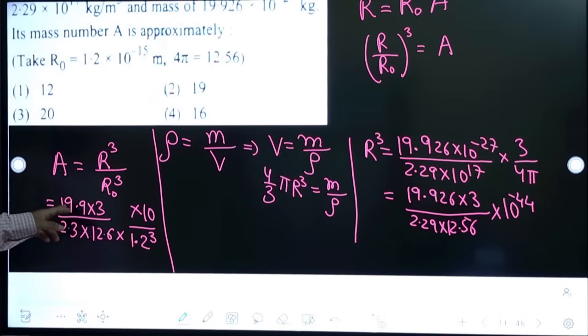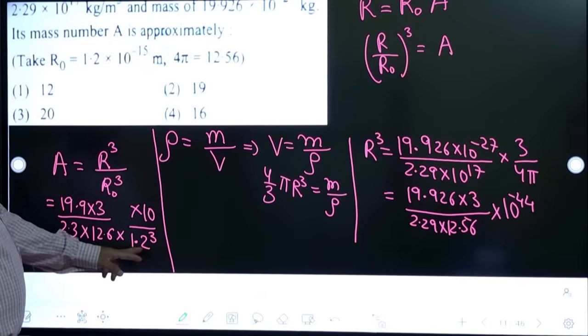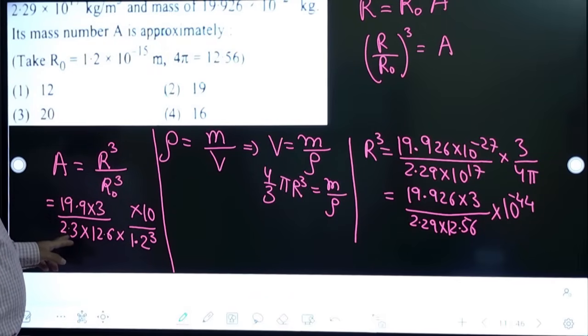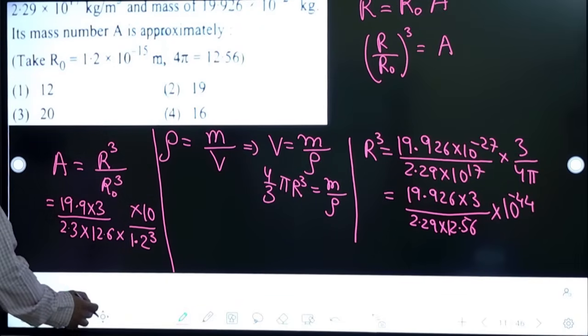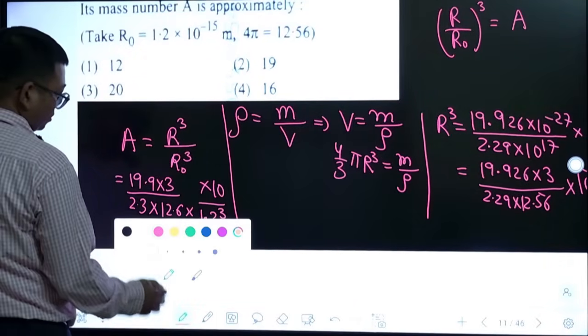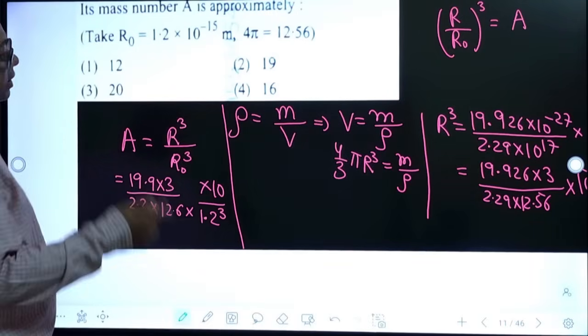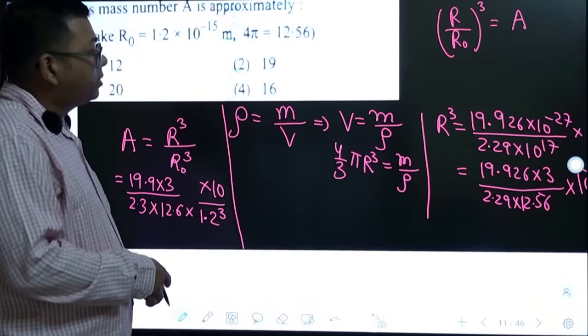Suppose if you take 20 into 3, that factor is coming, and this is 12.6, this is 1.2, this is 2.3. These all numbers look totally different, right? How do you approximate it? Or can exact cancellation happen?